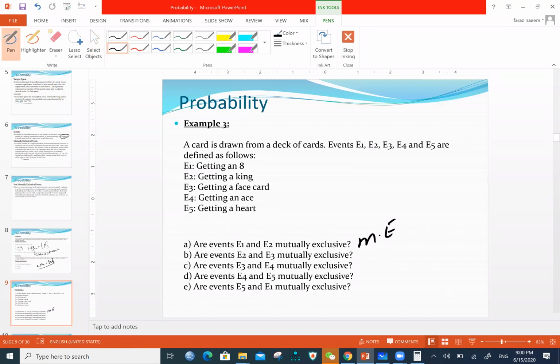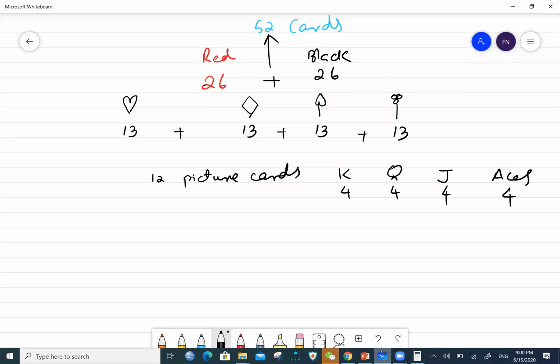What does getting an 8 mean? In cards, you start from aces. There are 4 cards for aces.